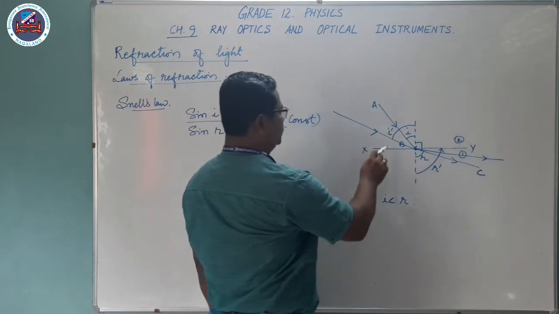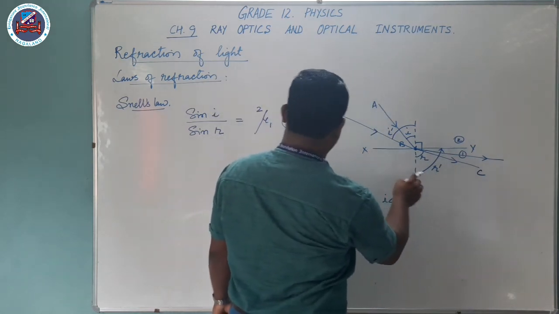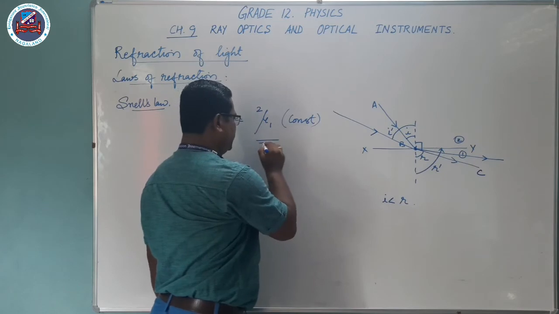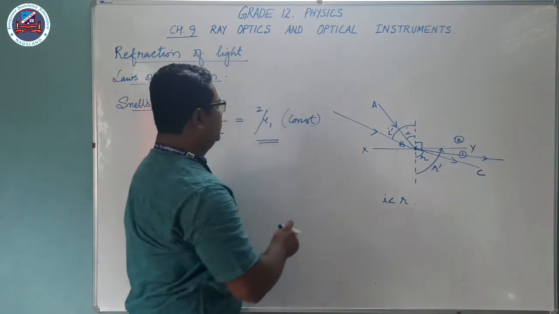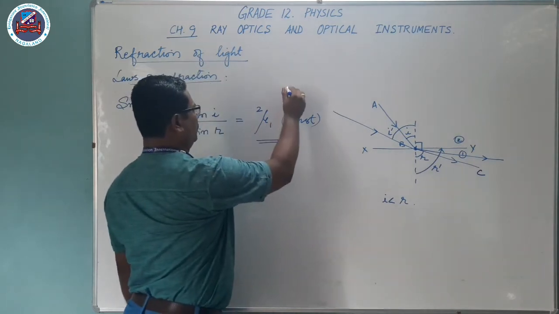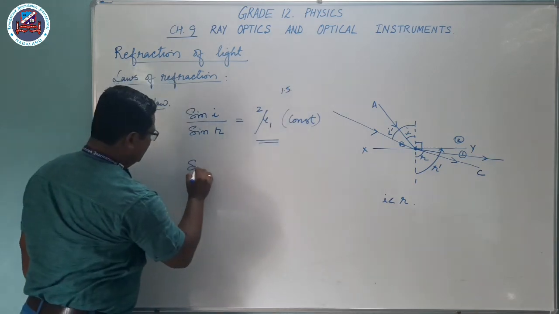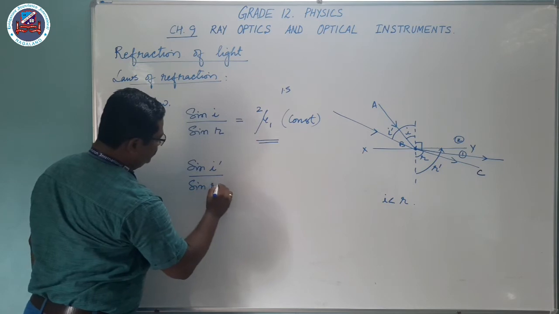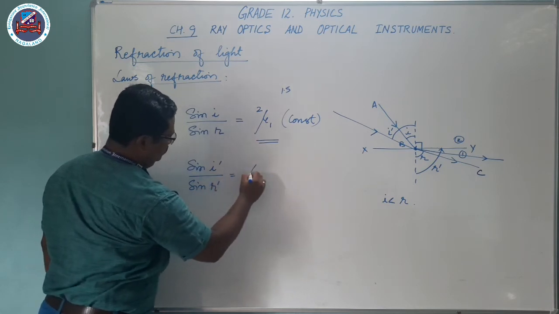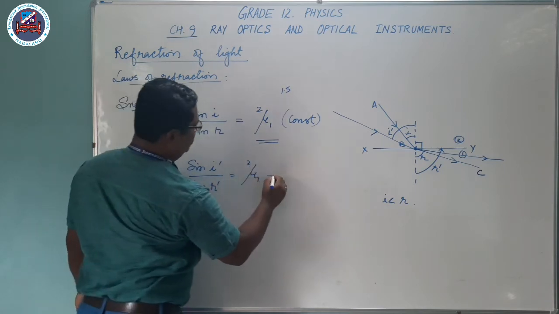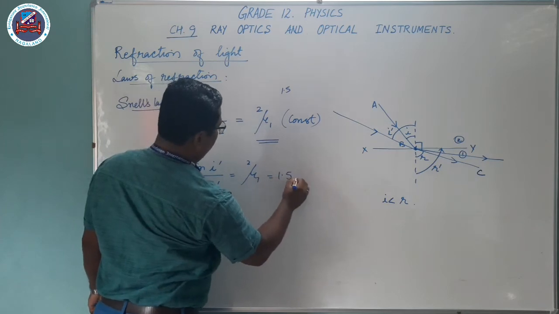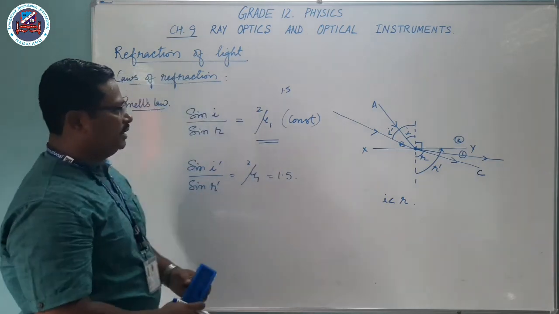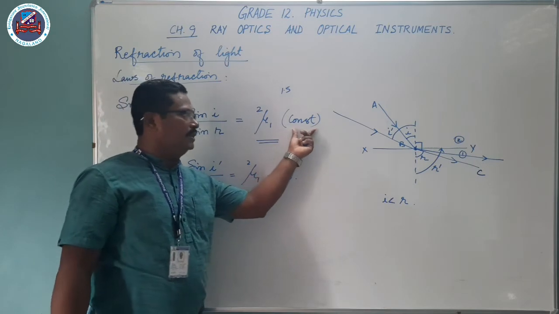If I take the ratio of sin i dash by sin r dash, the value of the relative refractive index will remain the same. Suppose for this one you get 1.5; then sin i dash by sin r dash will also give us 1.5. The value will never change. That is the meaning of the constant term.